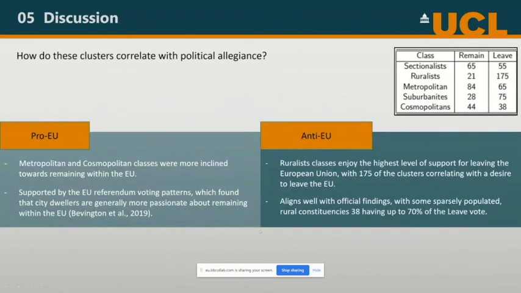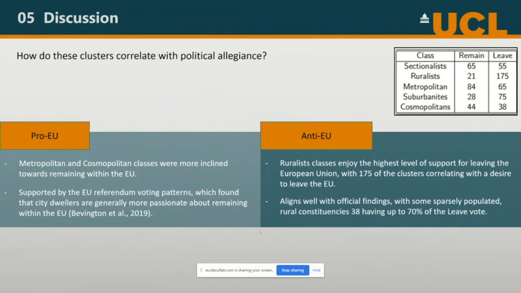And how do these clusters correlate with political allegiance? As you can see, there's a cross-tabulation to the top right. You can see that the ruralist class are generally the most anti-EU and correlate most with the Leave vote, whereas the metropolitan class, as you would expect, being more liberal and generally less traditional constituencies, generally voted more for Remain.